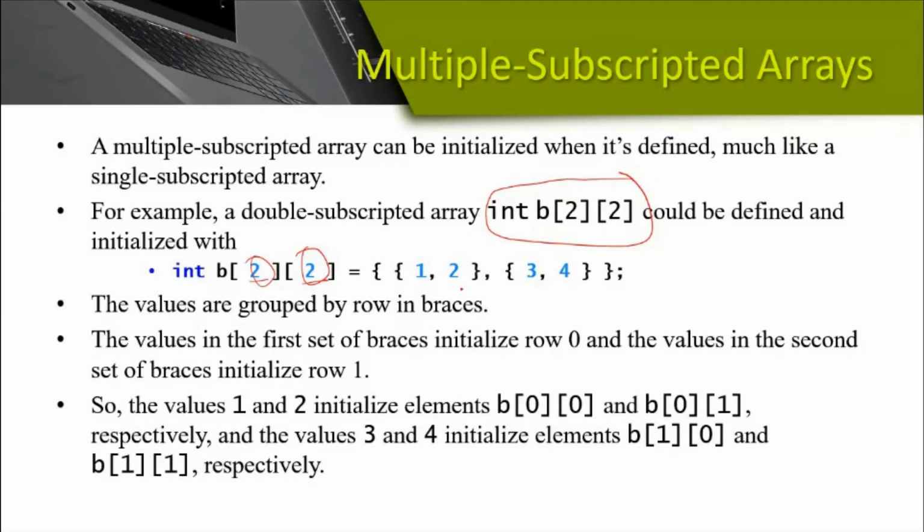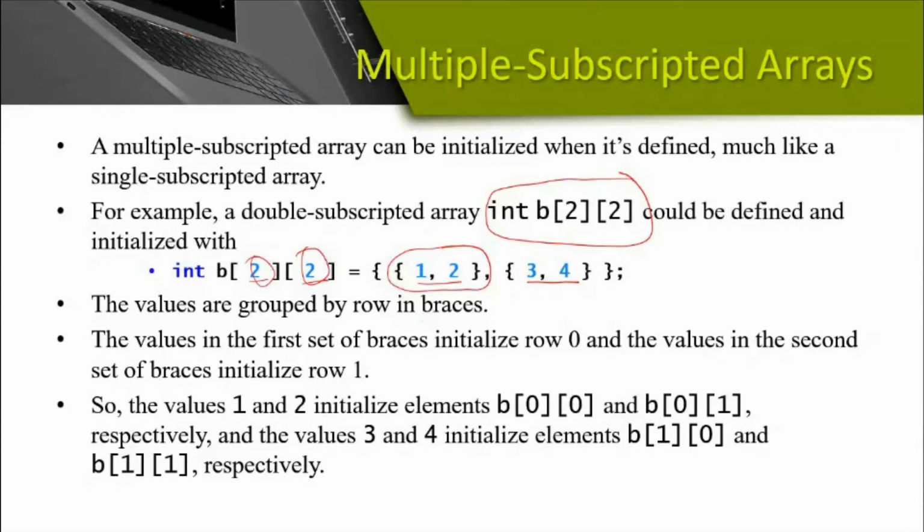The numbers are normally put inside braces, and each row is again inserted inside braces. So 1, 2 will be the first row, and 3, 4 will be the second row. The values are grouped by row.